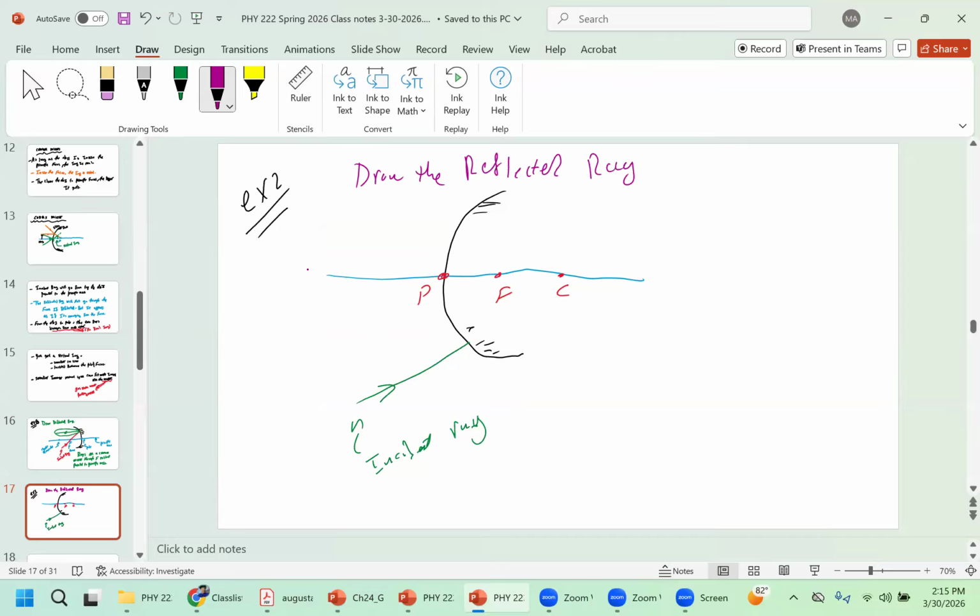This is going to go in all the way to the center of curvature and come back on exactly the same path. Now, again, what type of mirror is this? A convex mirror. So because it's a convex mirror, a ray directed toward the center of curvature C reflects back in the exact opposite direction.